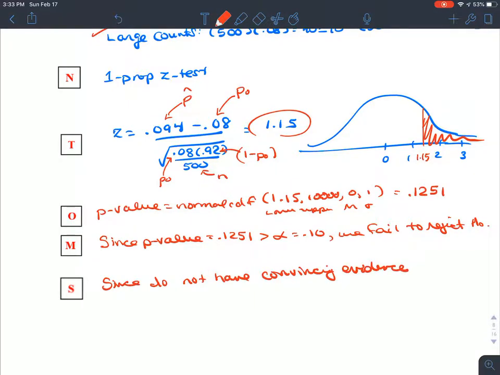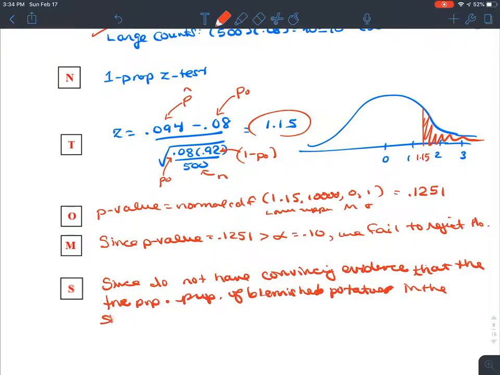And we're always making the statement about the alternative, that the true population proportion of blemished potatoes in the shipment is greater than 8%.